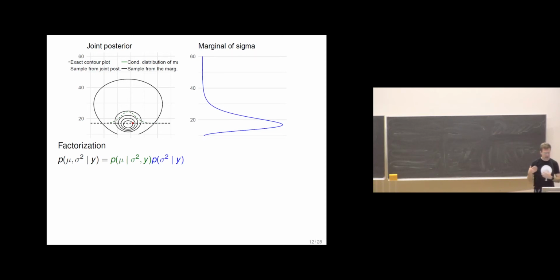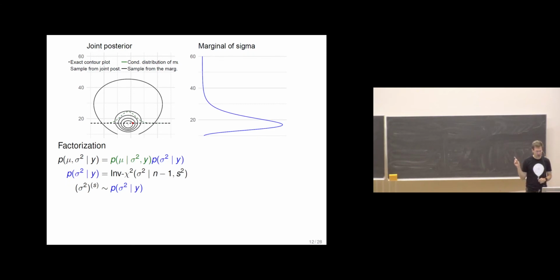And now we can compute the density at any mu, sigma squared location. We first take the density for the marginal of sigma squared at a certain point, and then the conditional density of mu, and multiply them. That way we could compute the density everywhere in the joint.